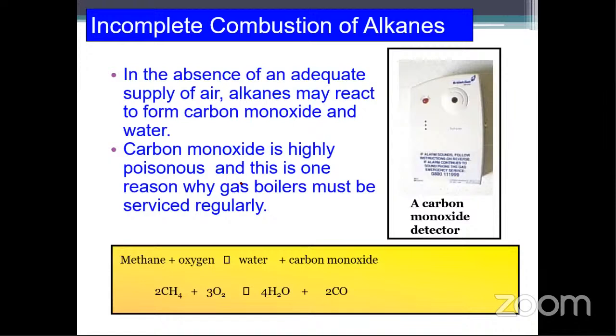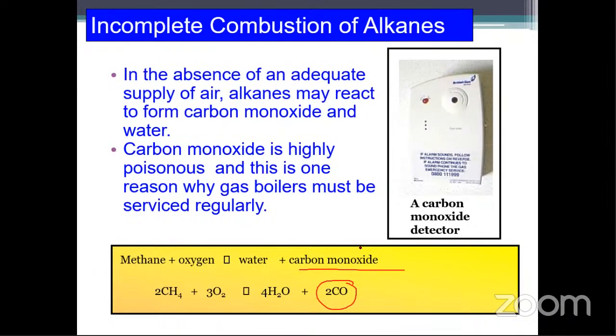Now, in the absence of enough oxygen, you will have incomplete combustion. And in that case, instead of getting carbon dioxide, you get carbon monoxide. And that is highly poisonous. So if you notice, in some places in America, people die from carbon monoxide poisoning all the time.